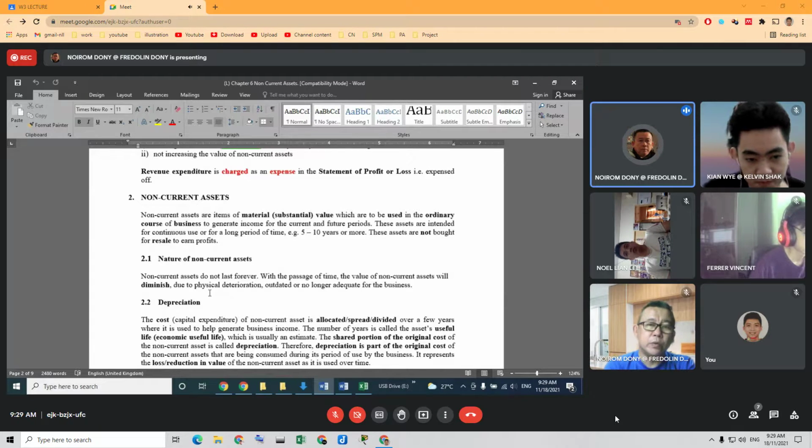So this is what we call physical deterioration. Or even last time the door of your motor vehicle was good, but now it is getting worse. Sometimes you can't open it, right? So this is what we call physical deterioration.